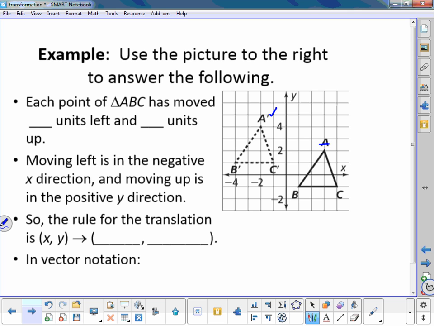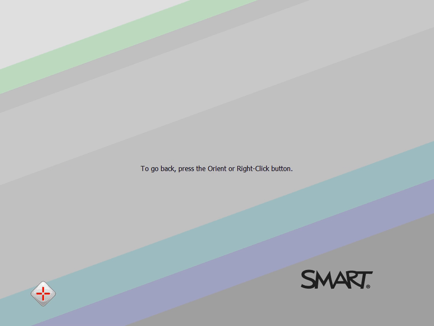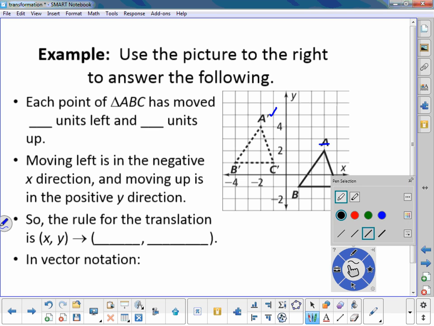A prime is your image. I'm going to go from A to A prime.